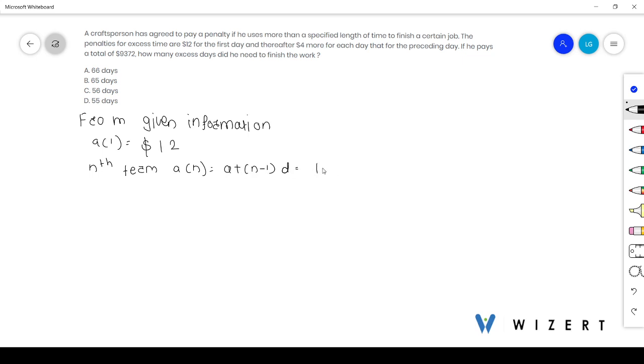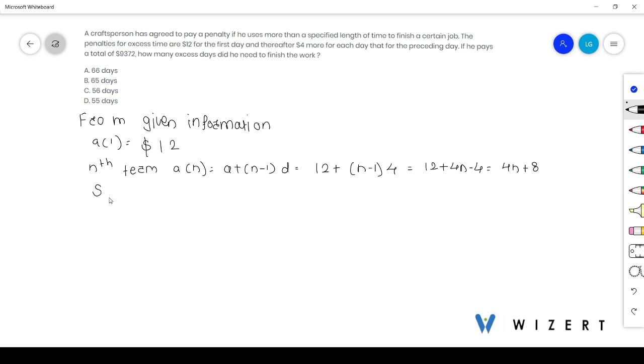Here a is 12 plus (n minus 1), and d, the common difference, is $4. So after solving this, we get 12 plus 4n minus 4, so it will be 4n plus 8.